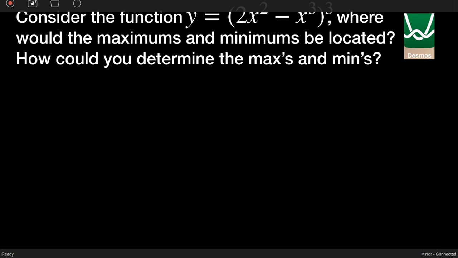So let's consider the function y equals 2x squared minus x cubed raised to the third power. Where would the maximums and minimums be located, and how could you determine the maximums and minimums?